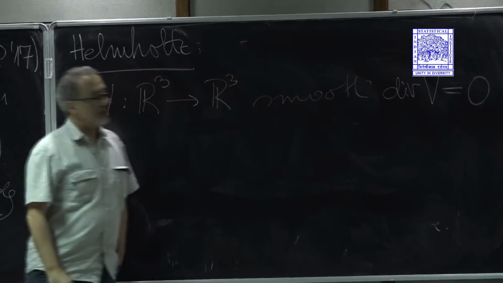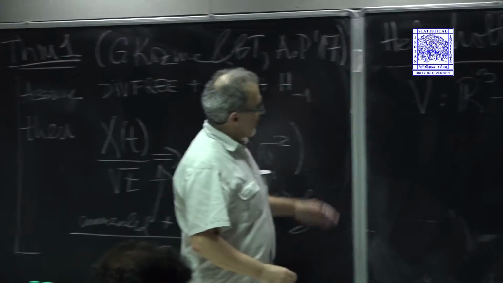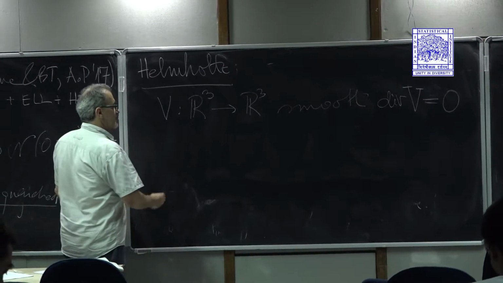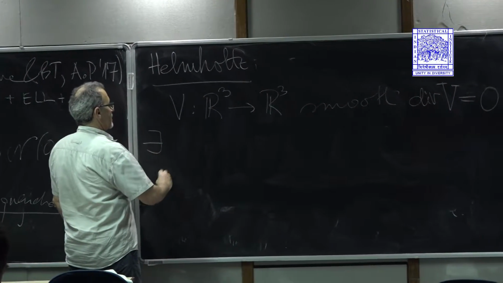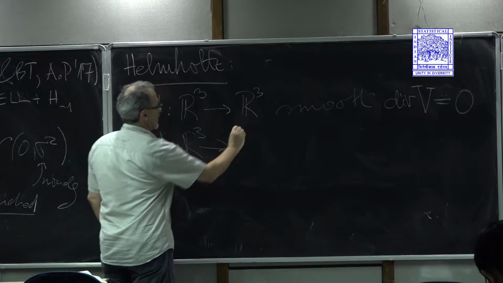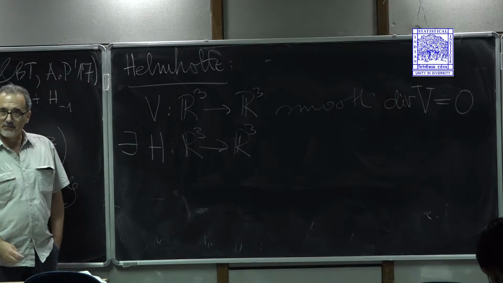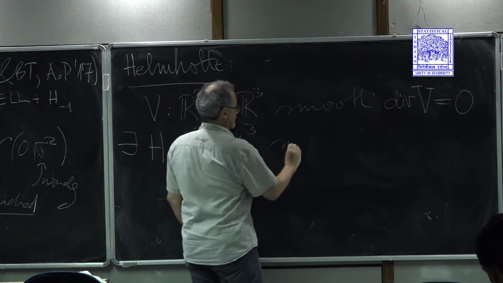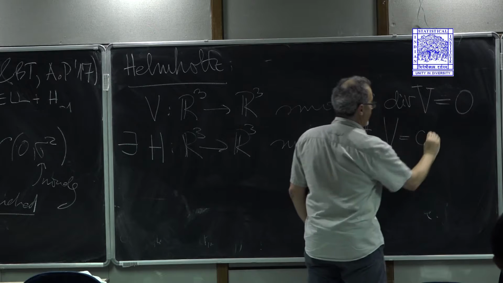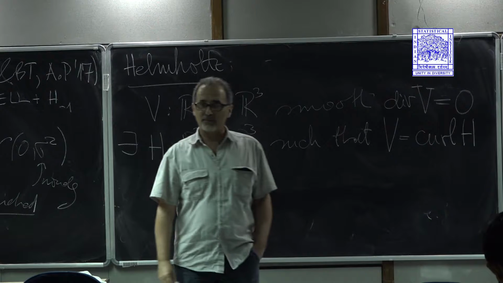I don't give you full conditions, but there is a divergence-free vector field on R3. What Helmholtz says is that there exists another vector field H on R3, which in electrodynamics we call the vector potential, such that V is the curl, or rotation, of H. Everybody knows what rotation is?